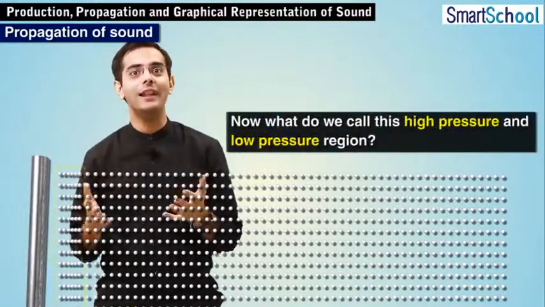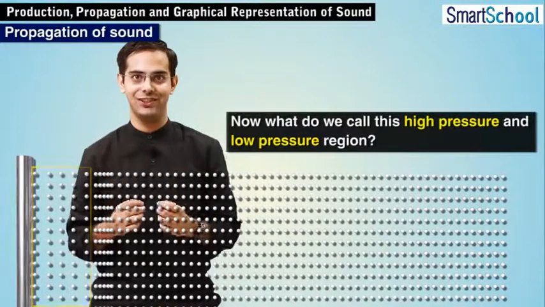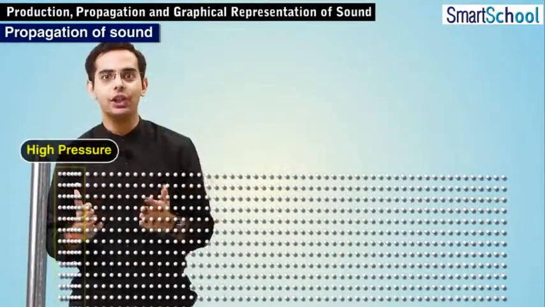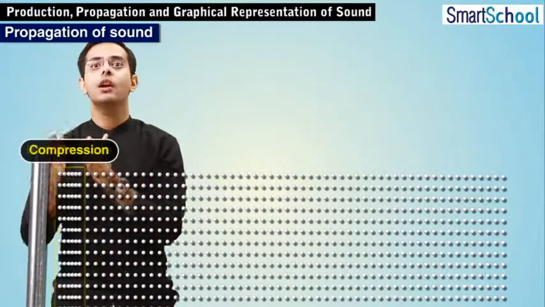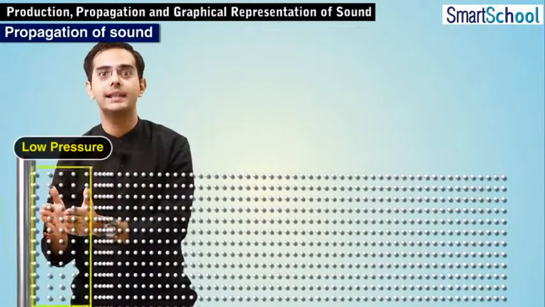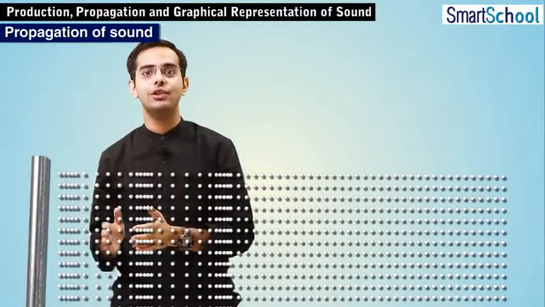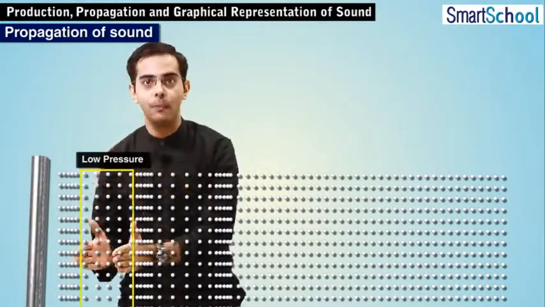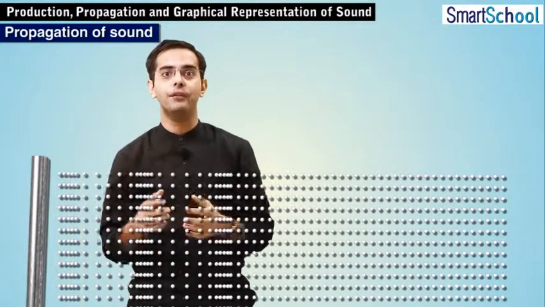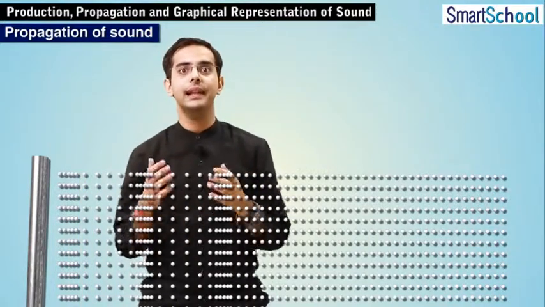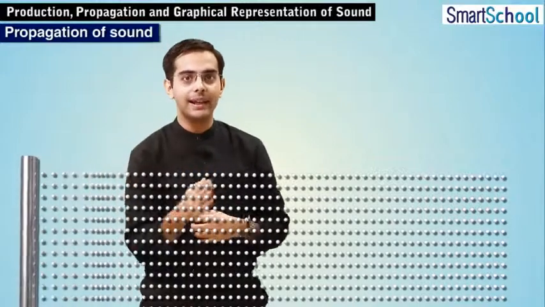Now, what do we call these high pressure and low pressure regions? The region of high pressure is known as compression, and the region of low pressure is known as rarefaction. So there will be a series of high pressure and low pressure areas, and what the prong will do is create this back and forth motion again and again.